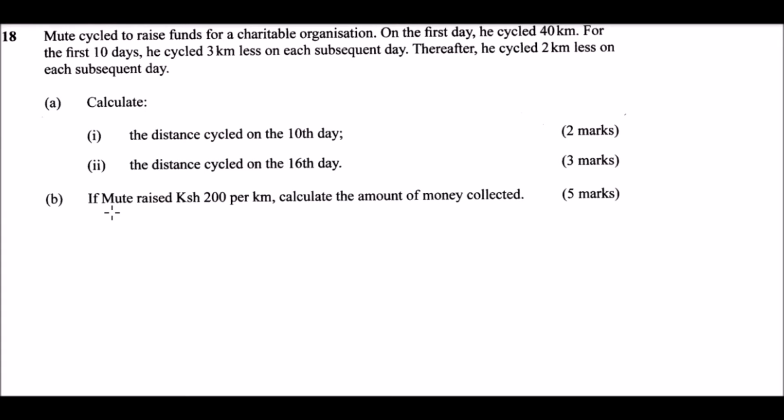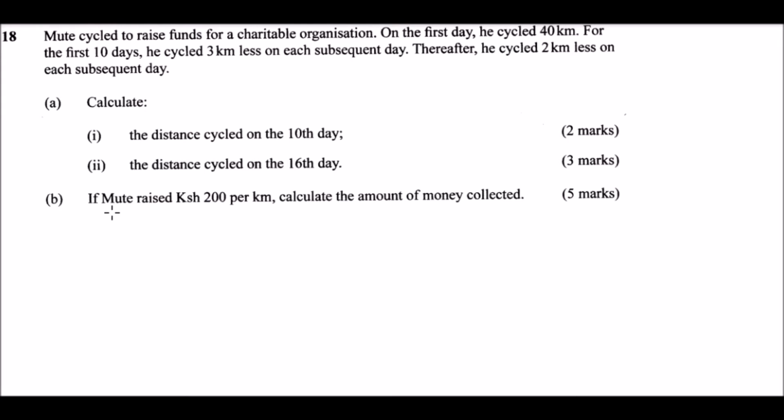A. Calculate, Roman number 1, the distance cycled on the 10th day. Roman number 2, the distance cycled on the 16th day. B. If Mute raised 200 Kenyan shillings per kilometer, calculate the amount of money collected.